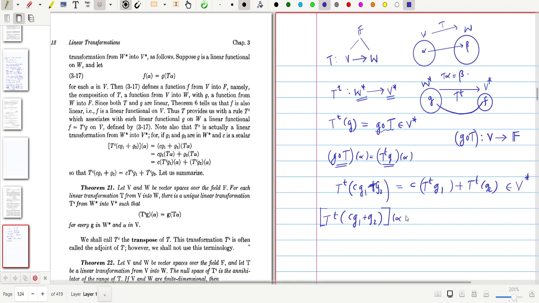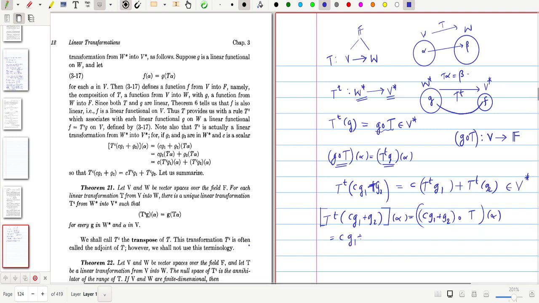So T transpose of C G1 plus G2 of alpha, by definition, is the composition of C G1 plus G2 with T of alpha. So that is C G1 plus G2 of T of alpha. That can be written as C times G1 of T alpha plus G2 of T alpha.